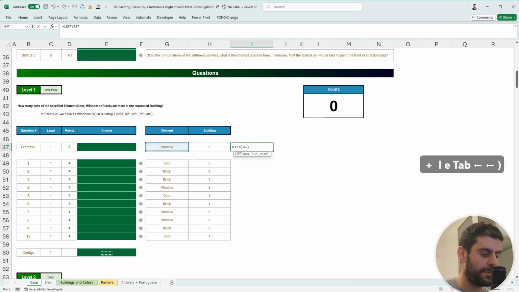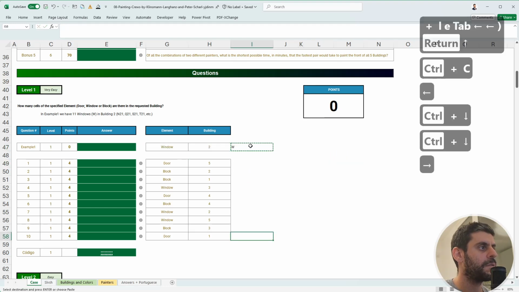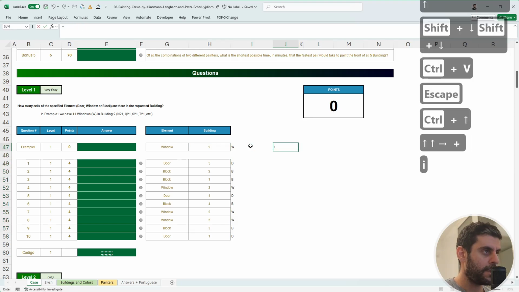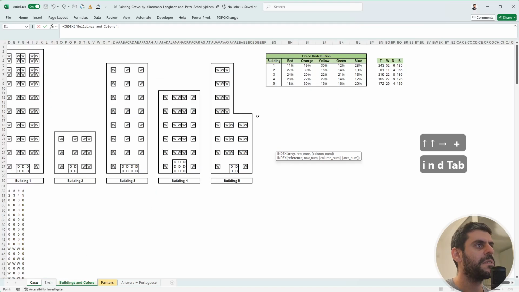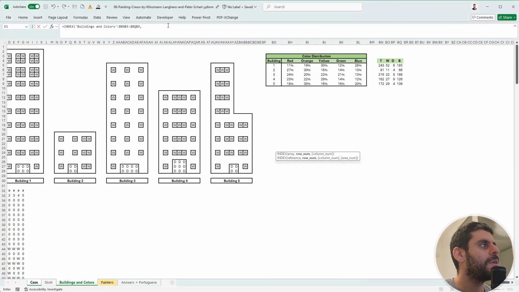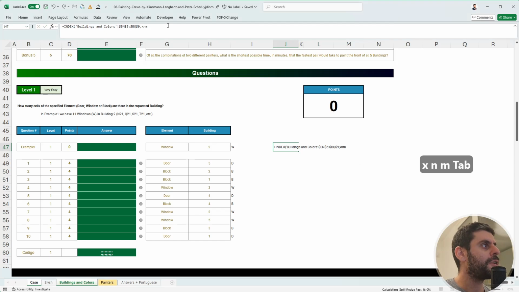I'm gonna take the left of this, and I wanna index this. X matching.